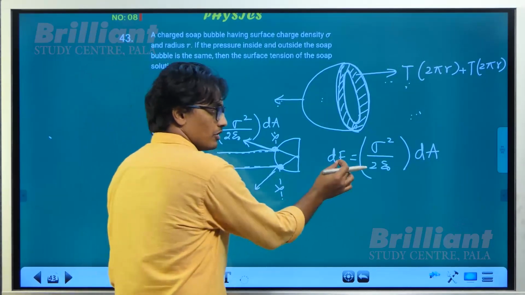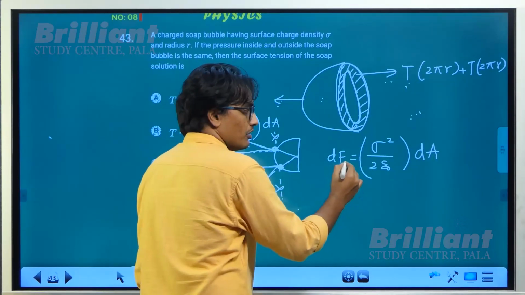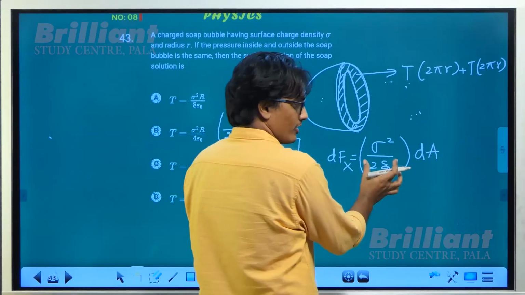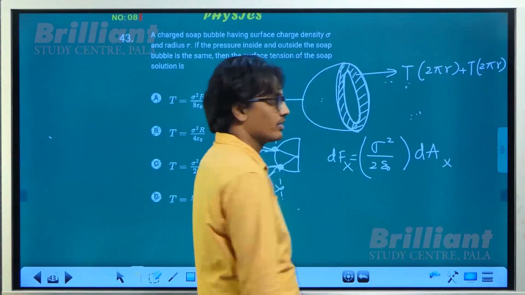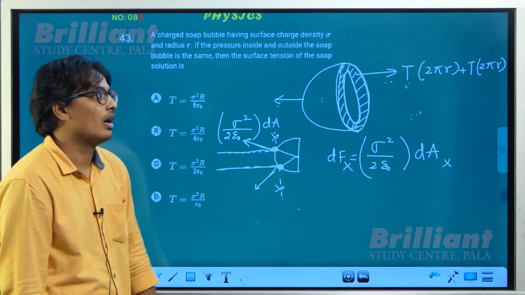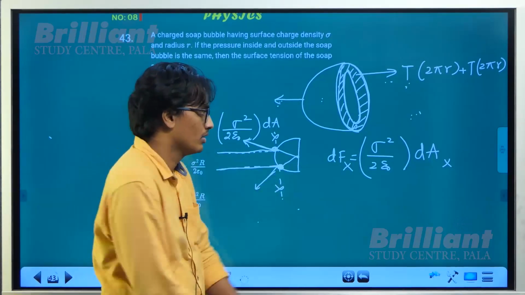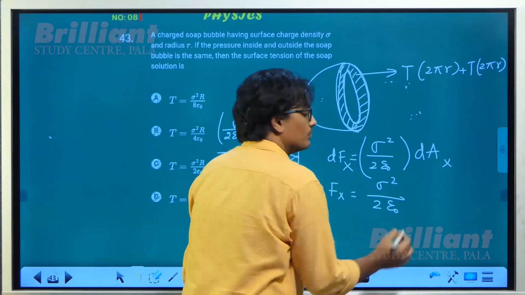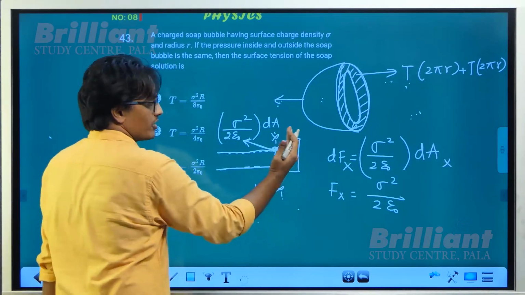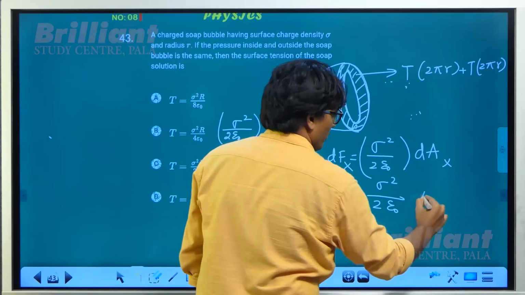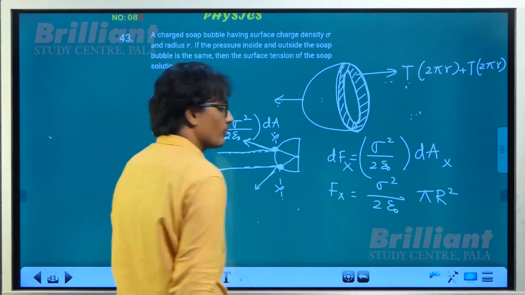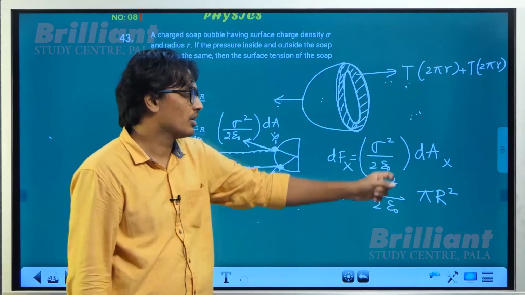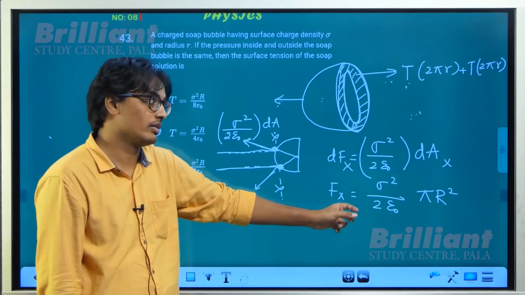So this is the dF, but you don't want dF, you want dF in the x direction. So this is a constant. You have to take the area in the x direction, or you call it the projection area. So you'll get force in the x direction as sigma square by 2 epsilon naught. The projection area of a sphere is a circle, so it will be pi r square. So these two must be equal. This is the force due to surface tension, this is the force due to electric field.